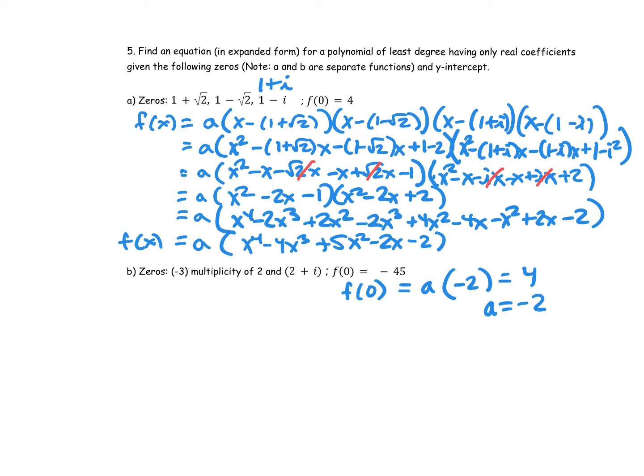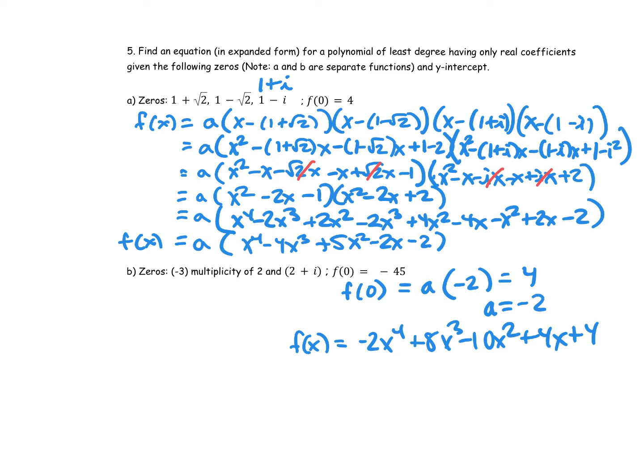So the final function will be multiplying that negative 2, that leading coefficient, my a value, by each term. So negative 2x to the 4th plus 8x cubed minus 10x squared plus 4x plus 4. And that is your polynomial.